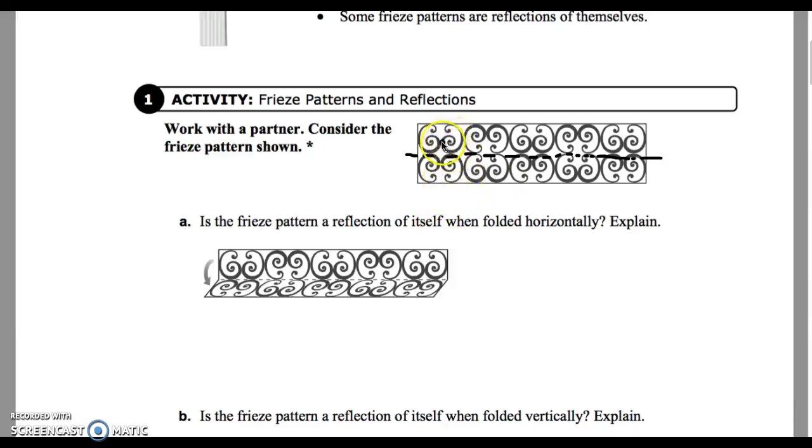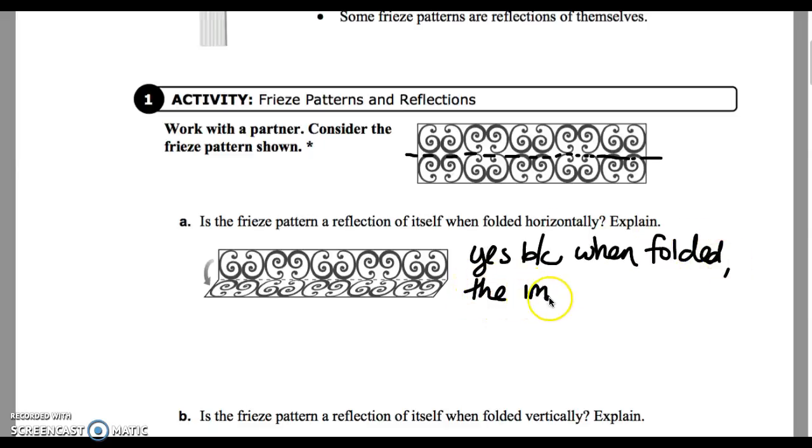What you're looking for is, if you were to fold it in half, does it line up exactly with the image on the top and on the bottom? You can see on this one a little bit better. But yes, it would be a reflection of itself because when folded, the images line up exactly. They are exactly the same.